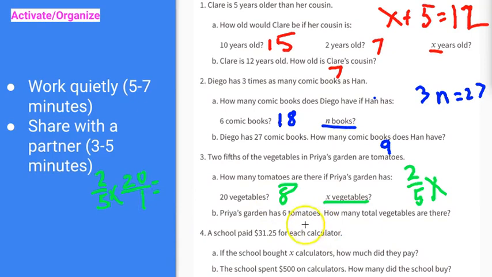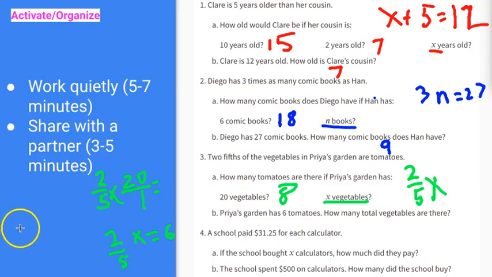What about here? The garden has 6 tomatoes. How many total vegetables are there? Yeah, so if we know at the end it makes 6 tomatoes, what's the missing number that you multiply that 2/5 by to get that?